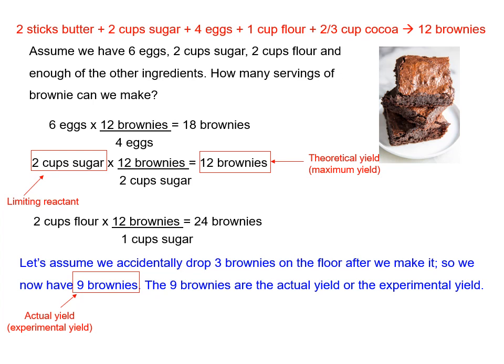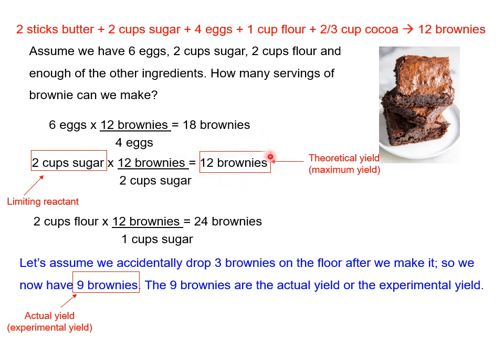Up until that point, everything else was just calculations. Before we actually carry out the recipe, we wanted to know how many brownies we can make. That was our theoretical yield. So this 12 over here, for the 12 brownies that we said we have enough sugar for, was all calculations.